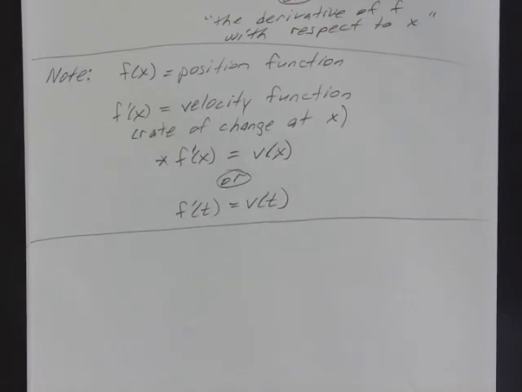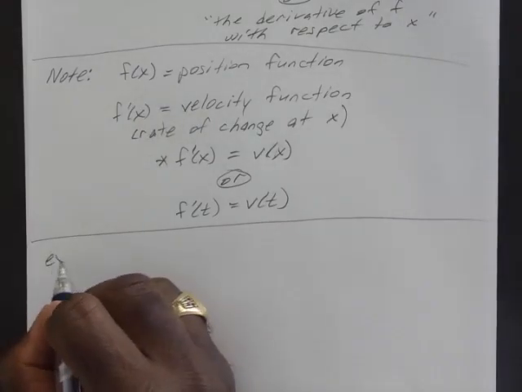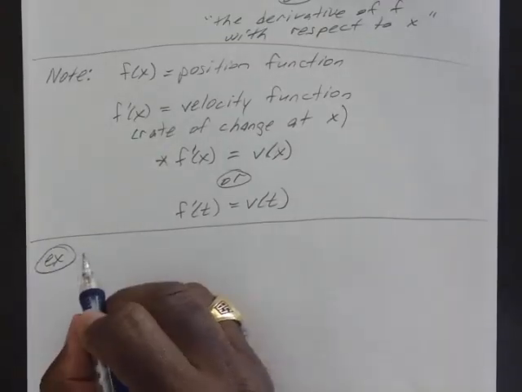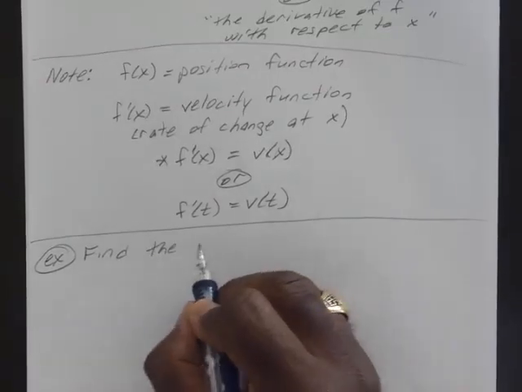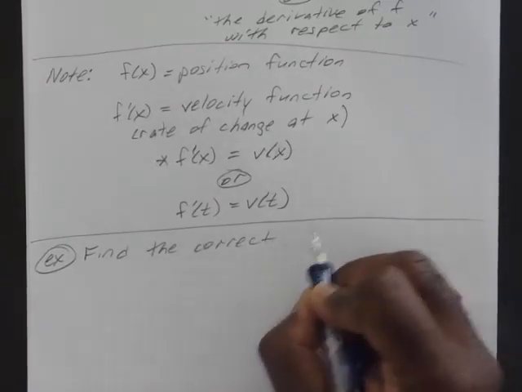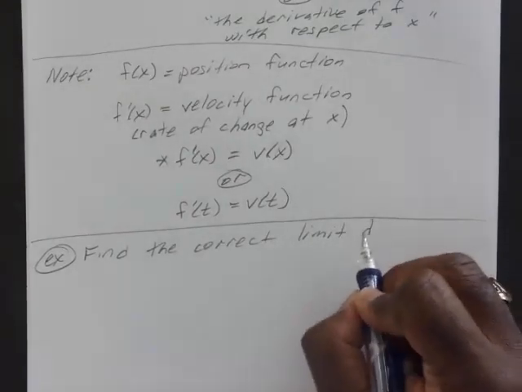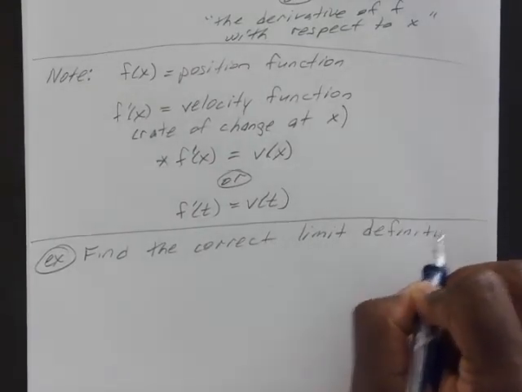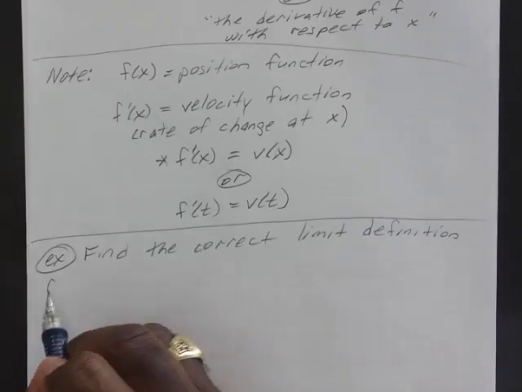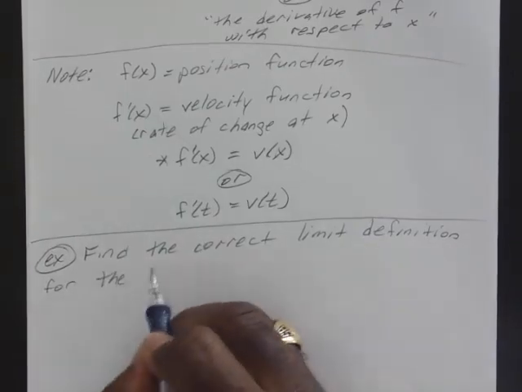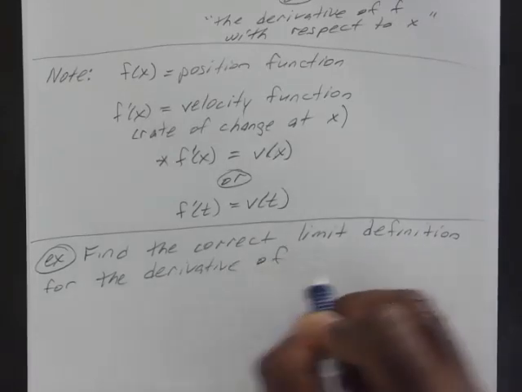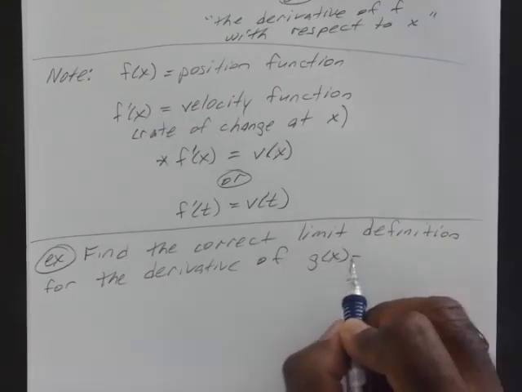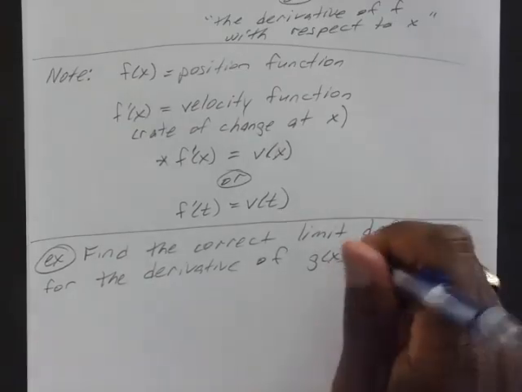Okay, so a lot of these we're going to solve using the limit definitions. So let's say, for example, we wanted to find the correct limit definition for the derivative of g of x is equal to the square root of x plus 1.